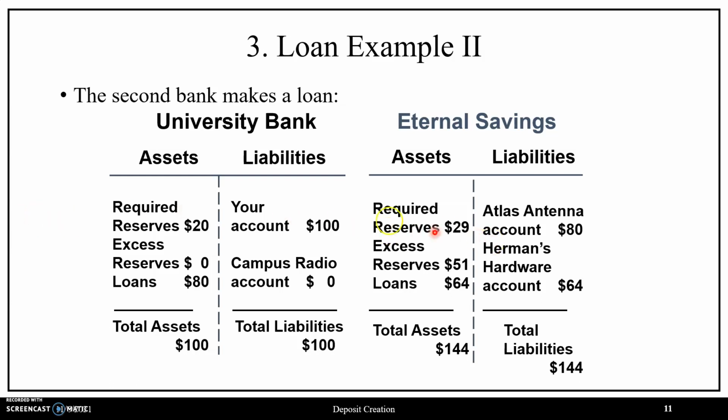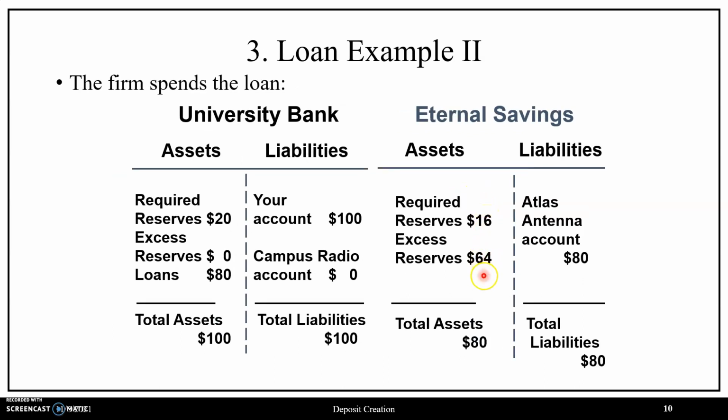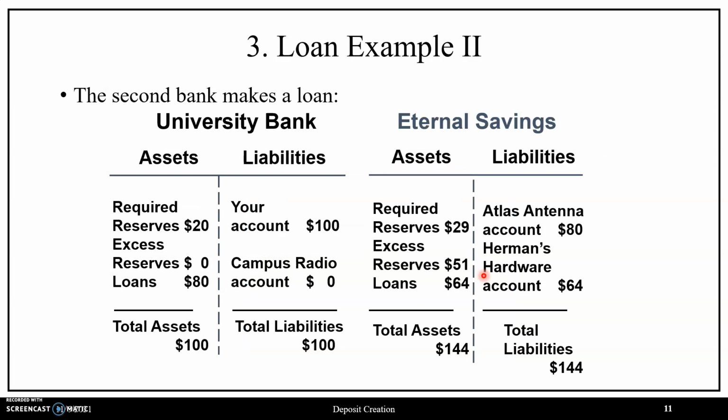their excess reserves. So our T account for Bank 1 stays the same, but now for Bank 2, given our excess reserves of $64 from our previous transaction, Bank 2 now makes a loan to Firm 3, Herman's Hardware, of $64. This then expands the money supply by $64 and creates a further liability that the bank must now pay.